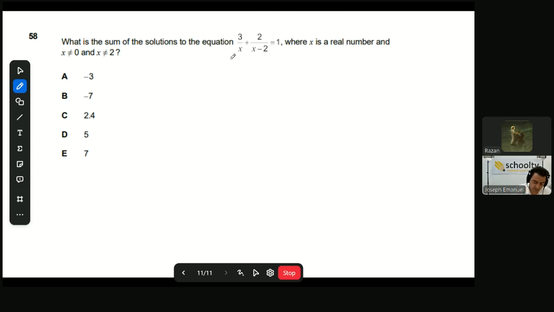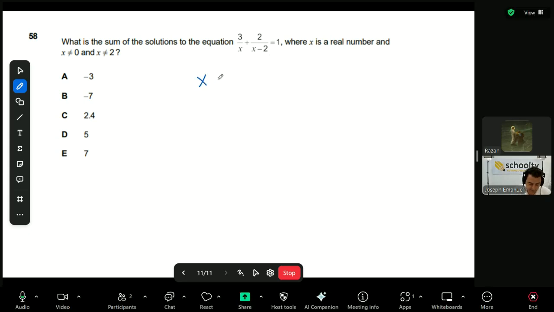Okay, let's start. So you have x multiplied by x minus 2, a common denominator. So you have what we have here, 3x minus 2, something like this, plus 2x equals 1. Correct? Yeah. Multiply. You will have, let's check if it's correct. Yeah, again, it's correct.